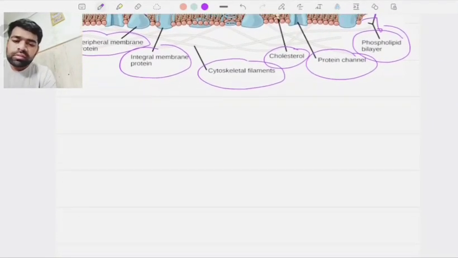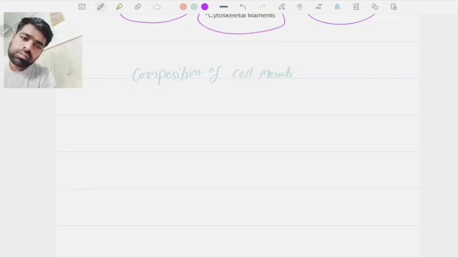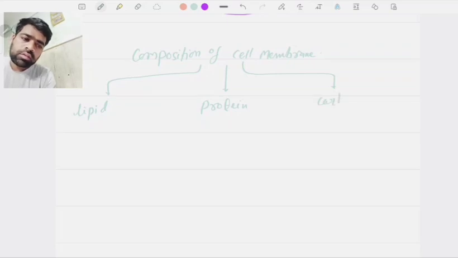So, the composition of the cell membrane. First one is lipid, protein and carbohydrate.